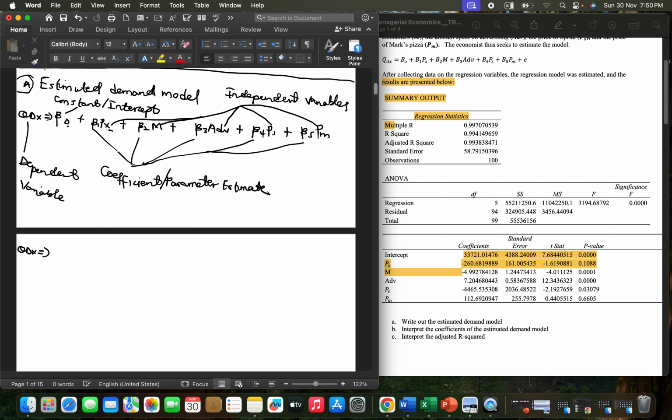So the first one is beta naught. I know it's constant or intercept. So it's 3, 3, 721.01476.